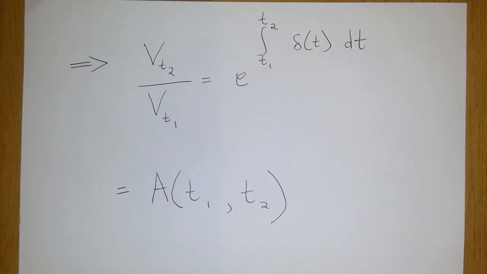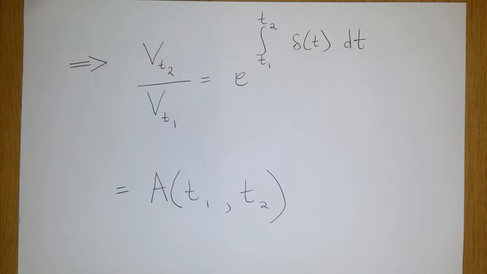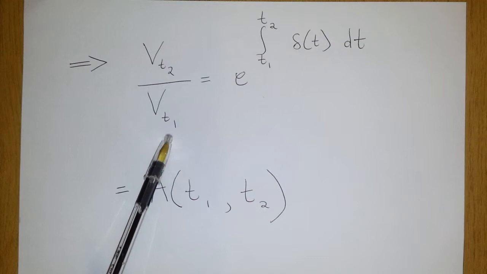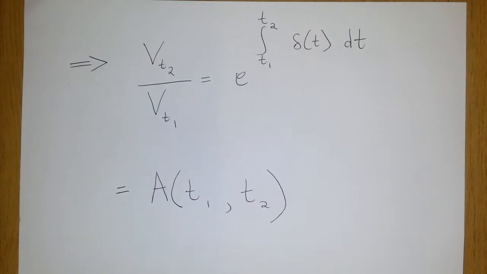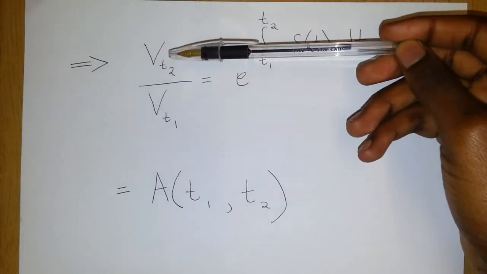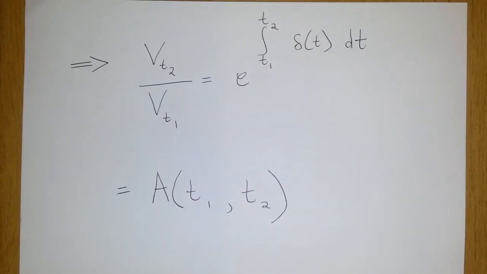Now, the value of the fund at time t2 divided by the value of the fund at time t1 is simply the accumulation factor of an investment of 1 at time t1 all the way to time t2. This is such that if we multiply the fund value at time t1 by this, we would end up with the fund value at time t2. That is why it's called the accumulation factor.